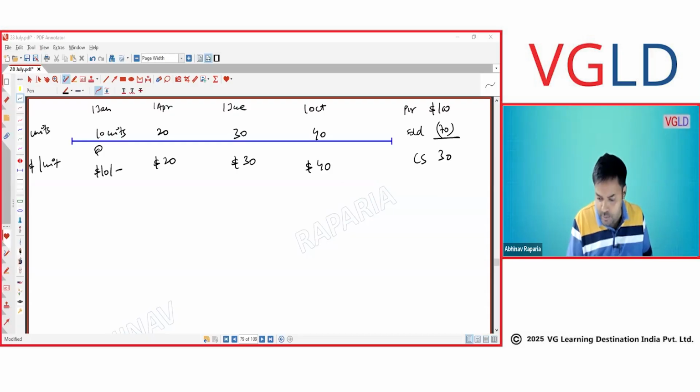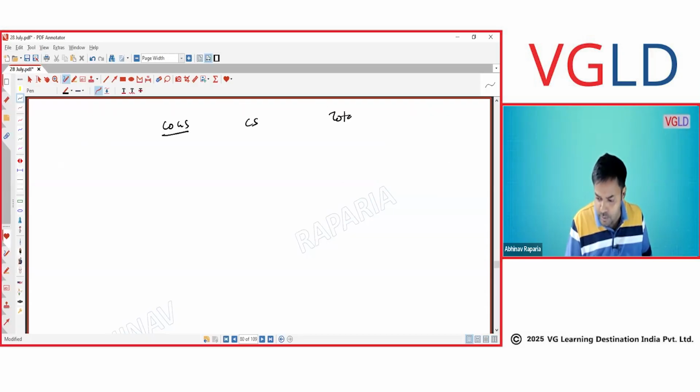COGS, closing stock, over P4, weighted average.